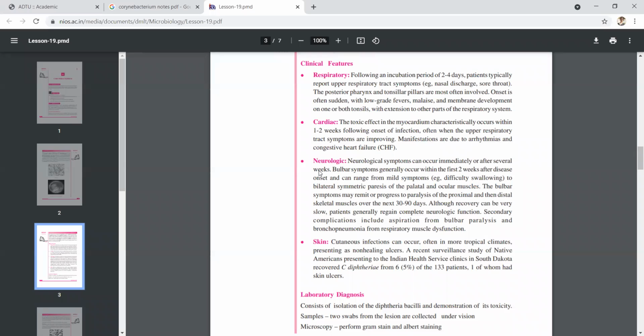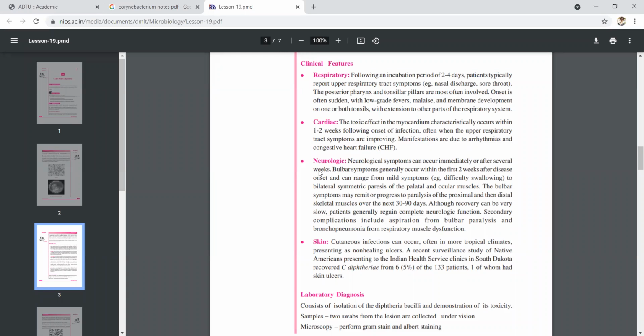Next, it also involves the cardiac area. Cardiac is the heart. The toxic effect in the myocardium characteristically occurs within 1 to 2 weeks following the onset of infection, often when the upper respiratory tract symptoms are improving. Okay, so now the symptom is changing. Initially it will affect the upper respiratory tract.